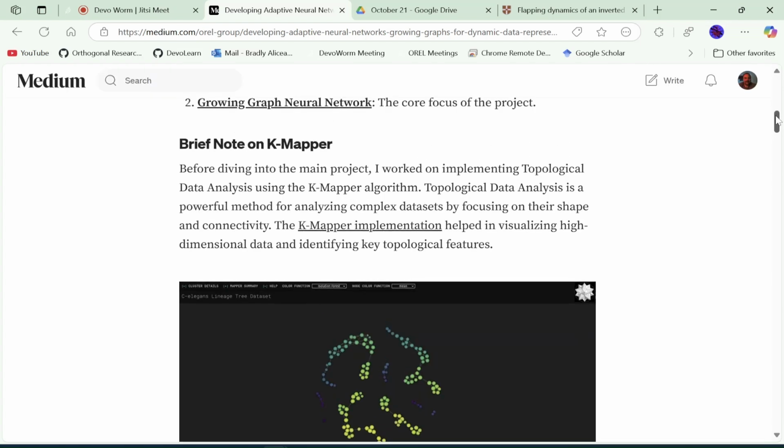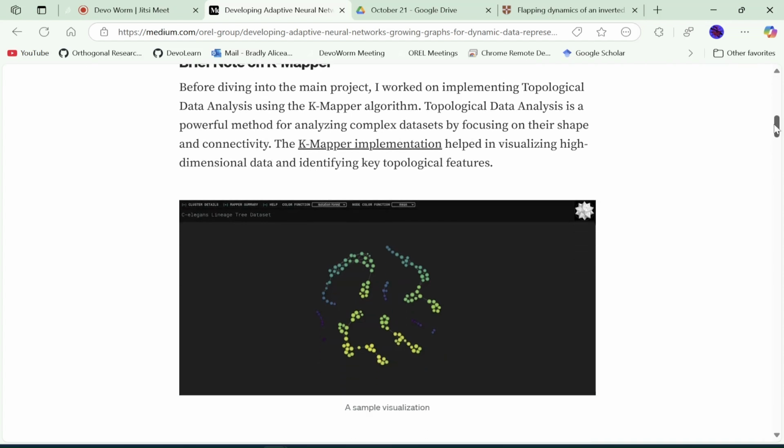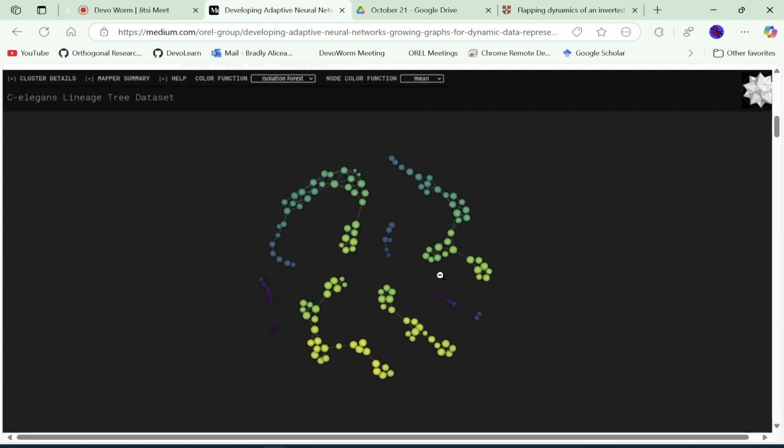So this K-mapper algorithm is basically a way to explore the data. This is using topological data analysis, using the K-mapper implementation, where we can visualize high-dimensional data and identify key topological features. This is a Mathematica applet that allows you to do K-mapper, and it looks kind of like a UMAP, but it's not a UMAP.